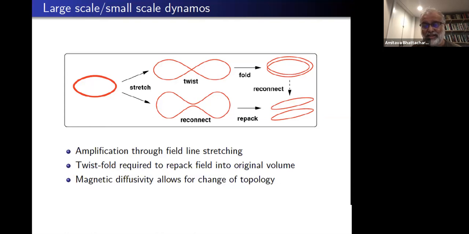So this is the classic stretch, twist, fold dynamo. And I should make the comment that all these things were based on pure exercises, not of the MHD equations, but of the induction equation only.